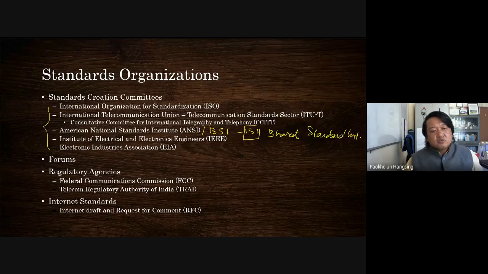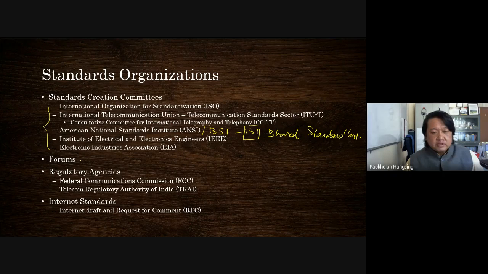So there are so many forums. You even have, for example, Microsoft User Forum or Android User Forum, or maybe C++ Programmer Forum. You have so many forums, but they are also equally responsible for maintaining standards or coming up with various developments in telecommunication.